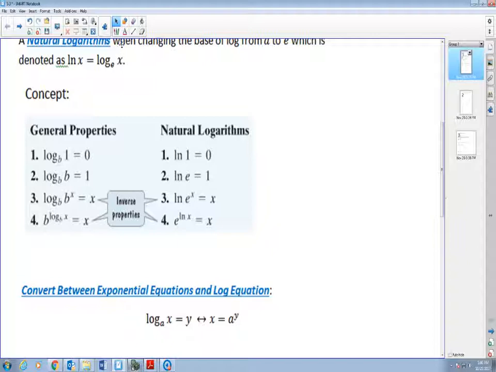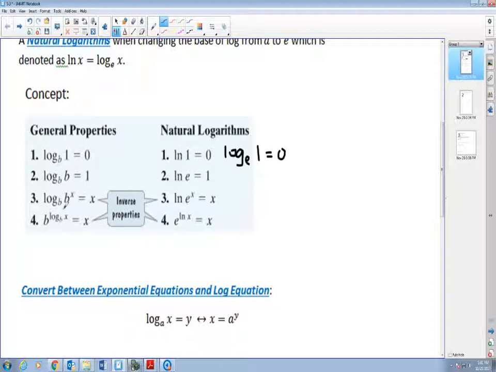Natural log, remember, is just a log with the base e. So log with the base e of 1, or the natural log of 1, is always equal to 0. Log with any base b of itself is always equal to 1.